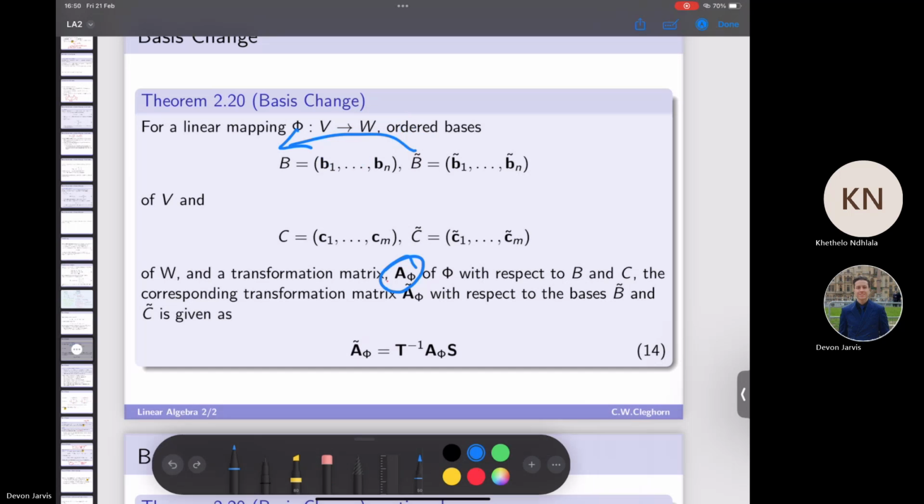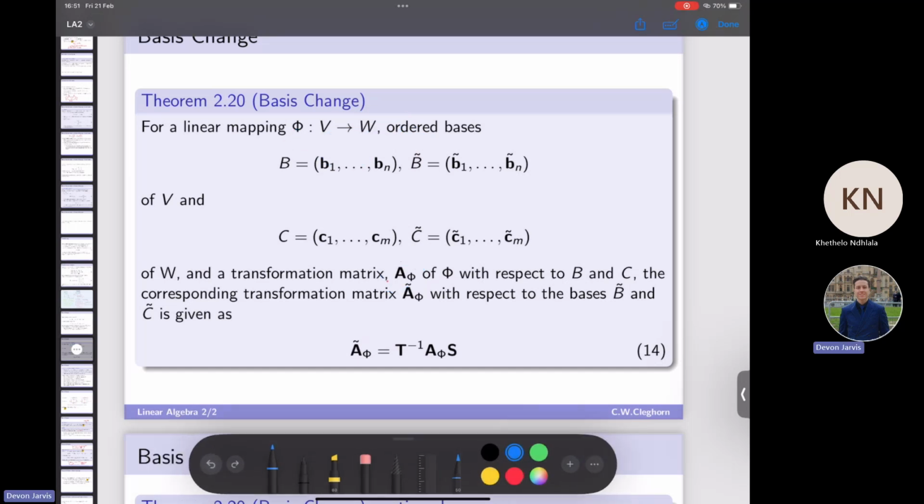Okay? And that is why, if you read these slides, what they're doing is applying S, my forward transform, my forward change of basis in the B space. Then I'm applying this transformation matrix, this A over there. And then I'm doing T inverse. The fact that it's inverse in this case is just them making the point that it is the change of basis from C to C tilde.